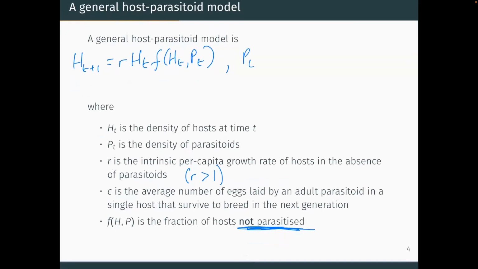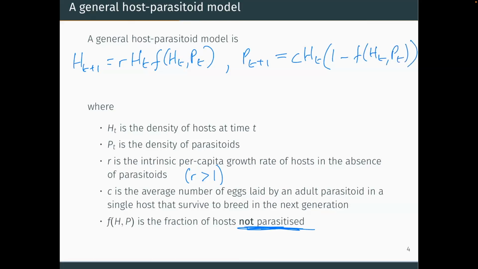And then for our parasitoids, their density is going to be c, where c is the average number of eggs that are laid and survive into the next generation. So some of those might die, but we're thinking about the ones that are surviving. Times the number of hosts in that generation, and then times the fraction of hosts that are parasitized.